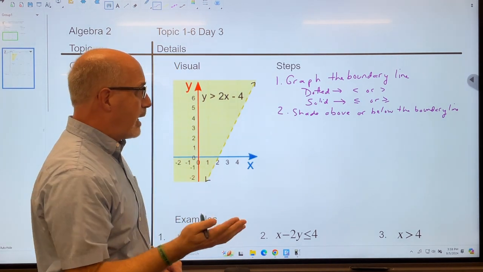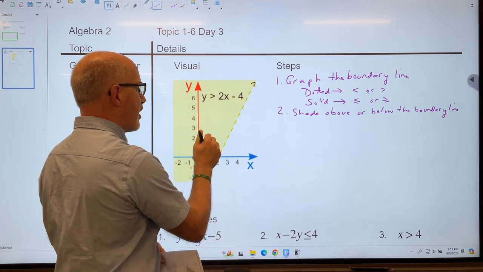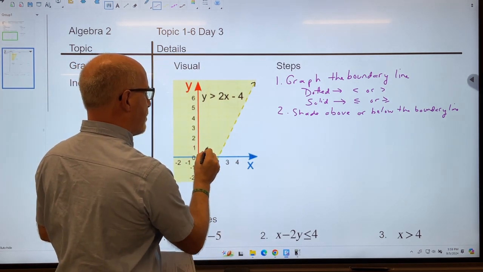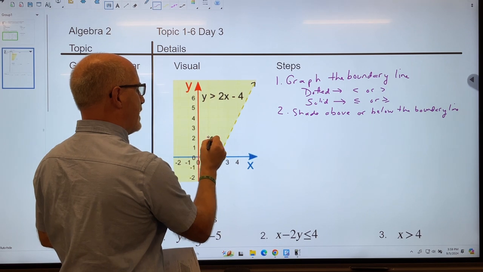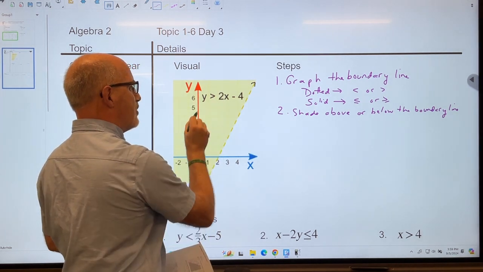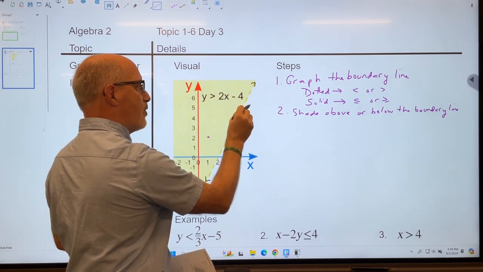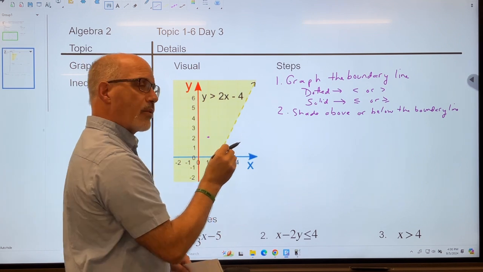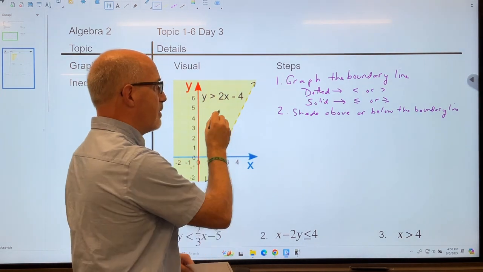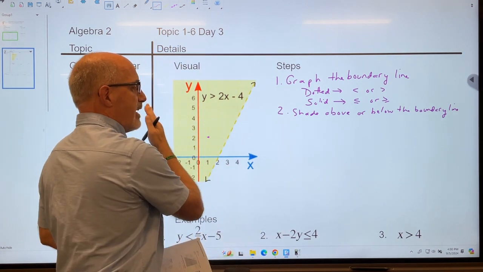The way you do that is by testing a point. You pick an ordered pair, for instance (1, 2). If I test that point, I put in 1 for x and 2 for y. Is 2 greater than 2 minus 4? Yes, 2 is greater than 2 minus 4, because 2 minus 4 is negative 2. That's a true statement, so we're going to shade on that side.